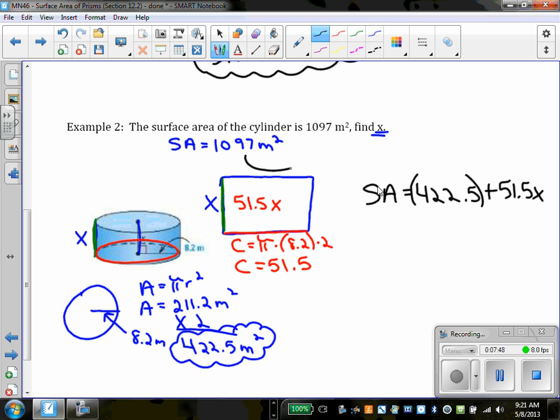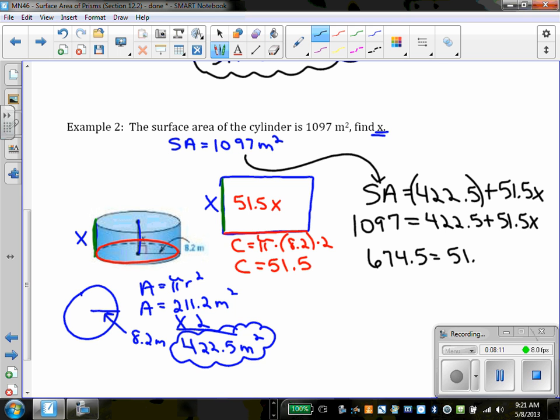We also know that the surface area here is 1,097, which equals 422.5 plus 51.5x. So again, we're just substituting in everything we know. We take 1,097 minus the 422.5, which is going to be 674.5. It's equal to 51.5x, so we're slowly solving for x.